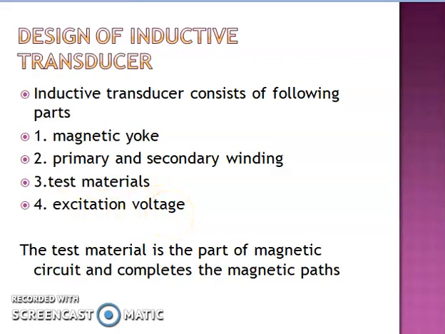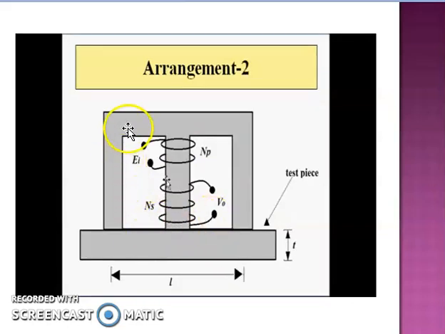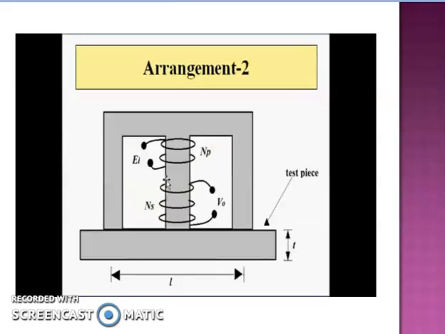We have mainly 2 types of arrangement: arrangement 1 consists of a C-shaped yoke and arrangement 2 consists of an M-shaped yoke. In the C-shaped yoke, the primary winding and secondary winding are connected across it, and in the M-shaped yoke, the center core is connected to both the primary winding and secondary winding.